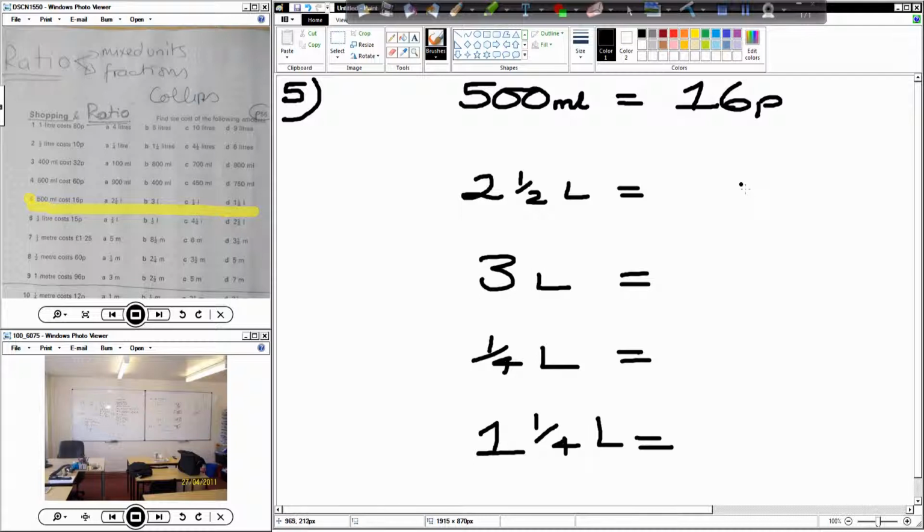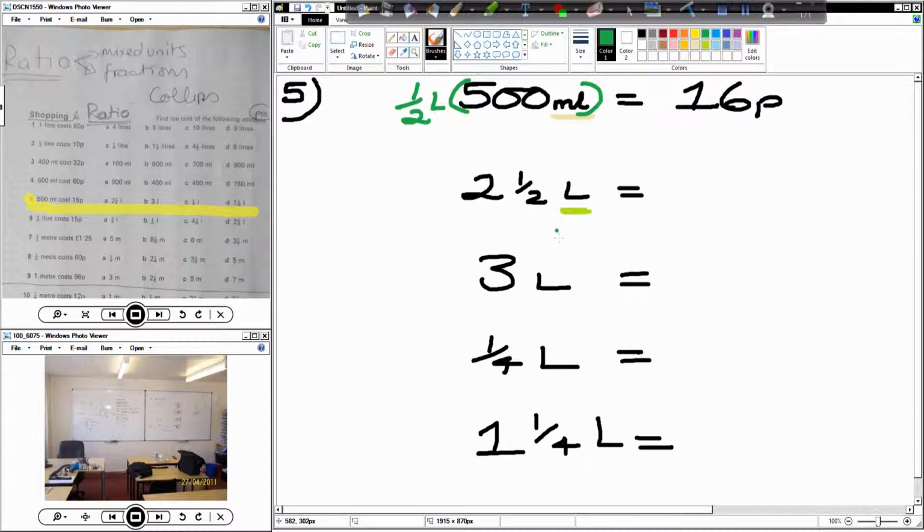Now, what do we have in this question that's different? Something I want you to look at. What's this? Milliliters. And what's this? Liters. So we have different units here. 500 milliliters can be replaced by half a liter.